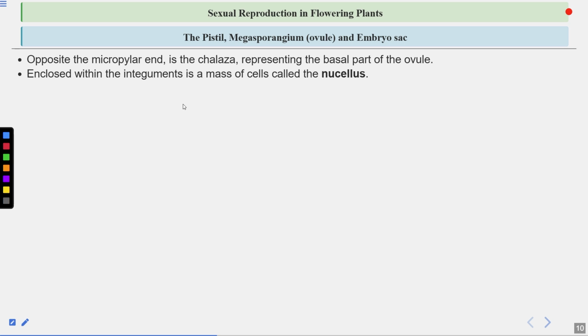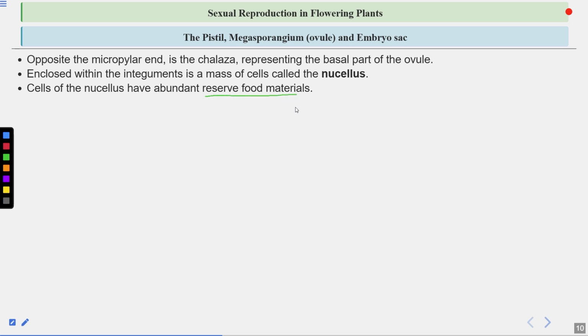Enclosed within the integuments is the mass of cells, that is called the nucellus. Cells of the nucellus have abundant reserve food material.